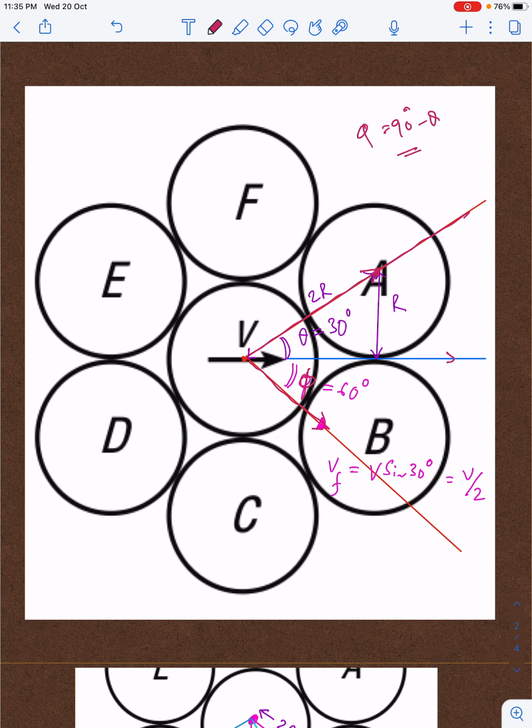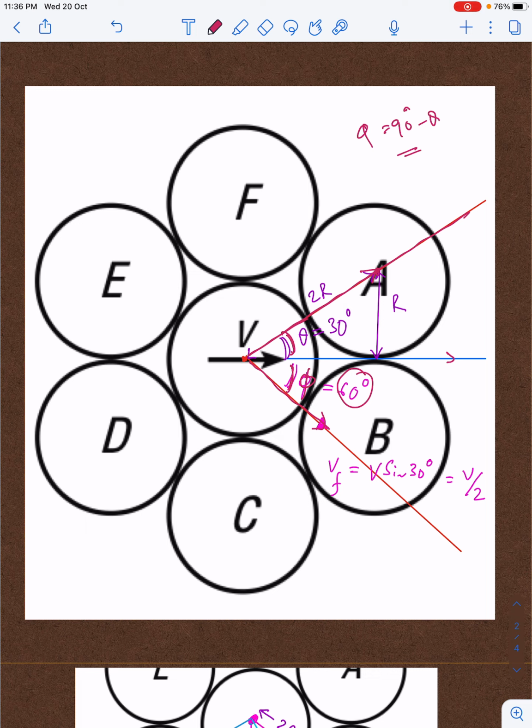Theta can be calculated very easily because all the balls have the same radius. So this is r, this is also r, so this becomes 2r. This is also a radius, so this is r. So sin theta is perpendicular by hypotenuse, so it becomes r by 2r, that is half. So theta equals 30 degrees. So if this angle is 30 degrees, 90 minus 30, this angle becomes 60 degrees.